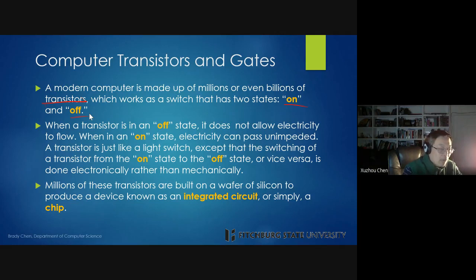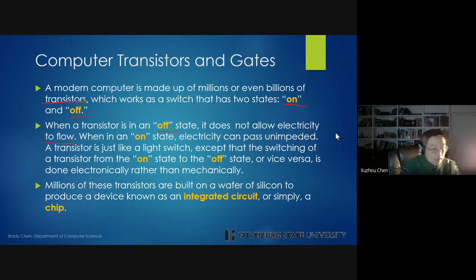Now, when a transistor is in an off state, it does not allow electricity to flow, and when it's in the on state, electricity can pass unimpeded. So from this sense, a transistor is just like a light switch, but it's controlled electronically, not by hand, not manually.